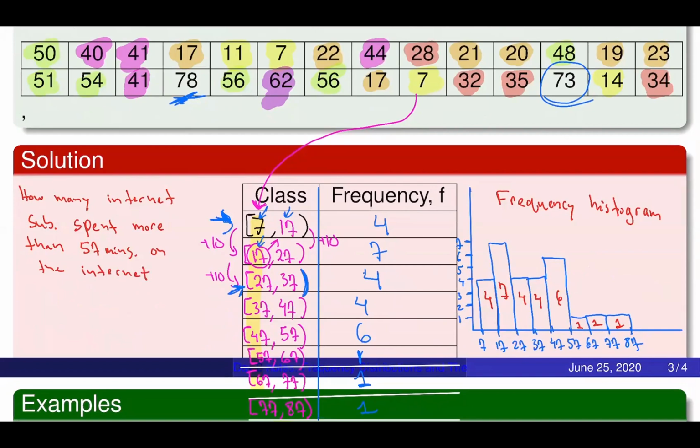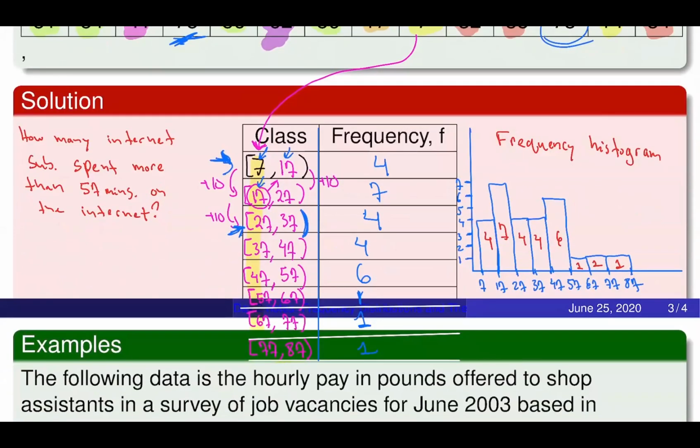You should be able to answer some of these questions. If I ask you, how many internet subscribers spent more than 57 minutes on the internet? How many would you say spend more than 57 minutes?